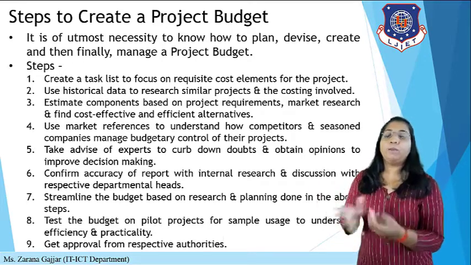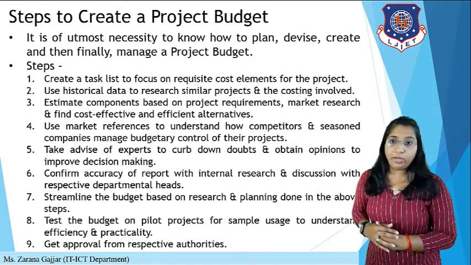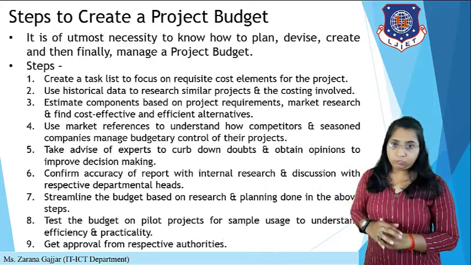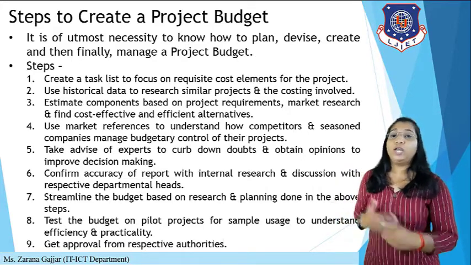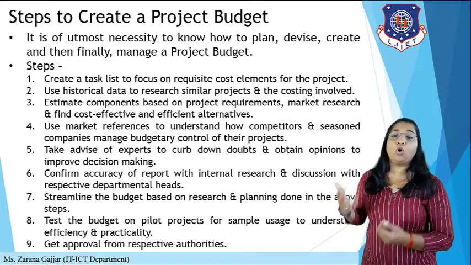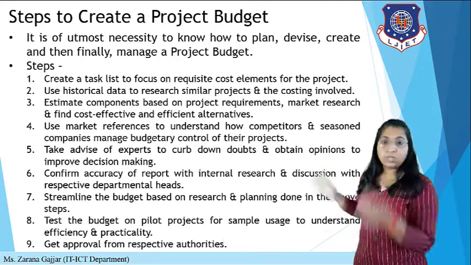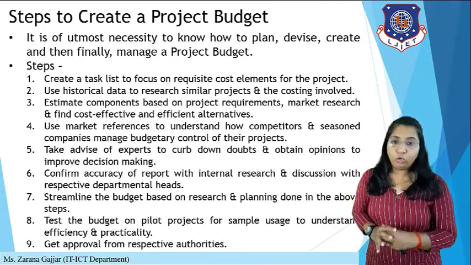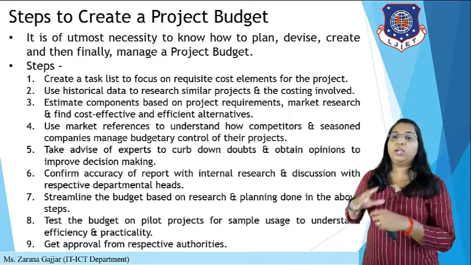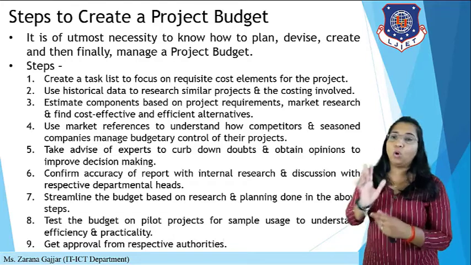Then you go for market references, what prices are going in the market. That is the fourth step. Then if you are not aware of all these things, you can take advice from an elder person, or from any person who has already done this kind of project. Then you confirm the accuracy of the report: you discuss with the internal members of your house and finalize all these things.